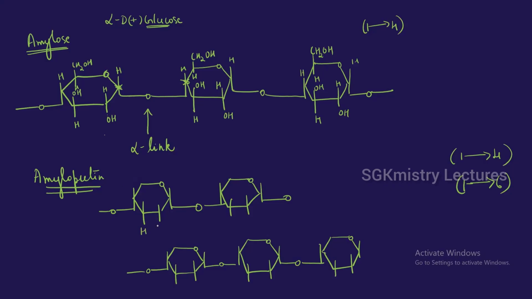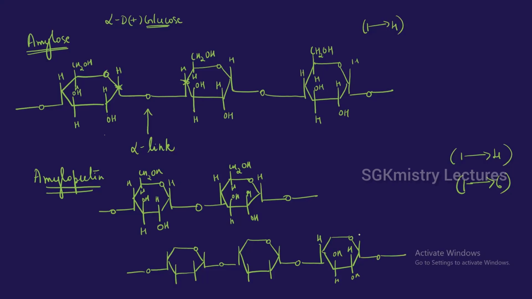So I'm going to write the same thing, OH here, H, OH, here H, H CH2OH, here it will be H, here H, here H CH2OH, H OH, okay, here it will be H. This continues. So same way here, glycosidic linkage is formed, H OH.